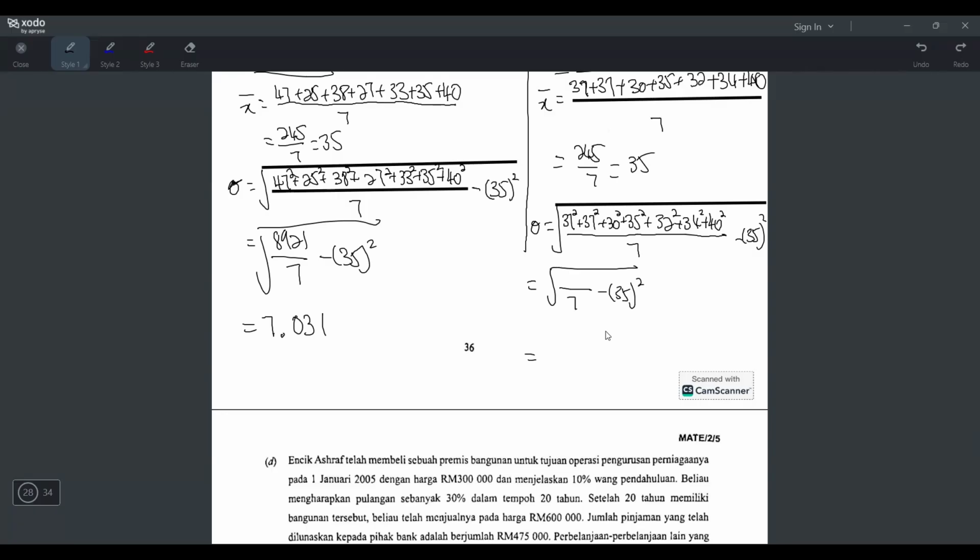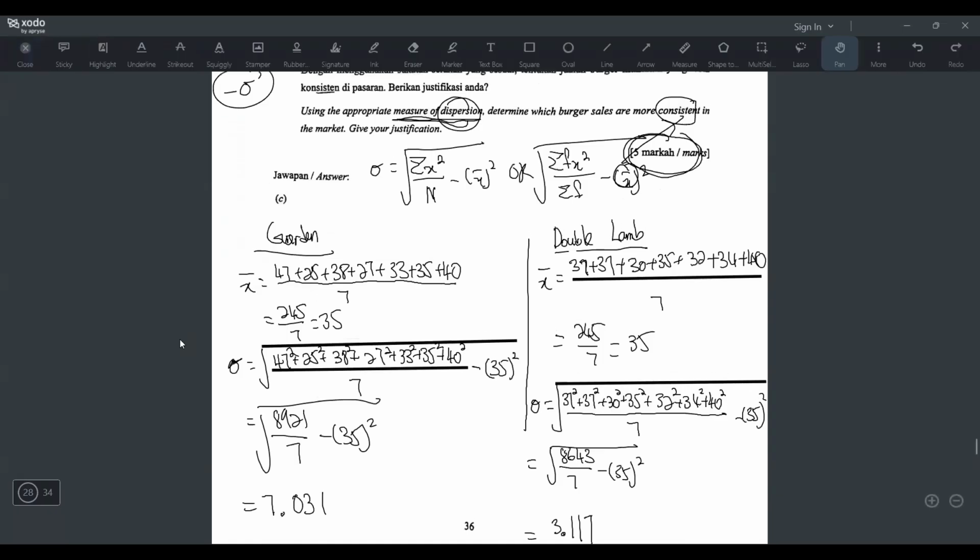I get 8643. Now I have to divide by 7 minus 35 square, and then square root the whole thing. My calculator gives me 3.1167. So I have to round off to 4 significant figures, so 3.117. Okay, I'm done with my working.